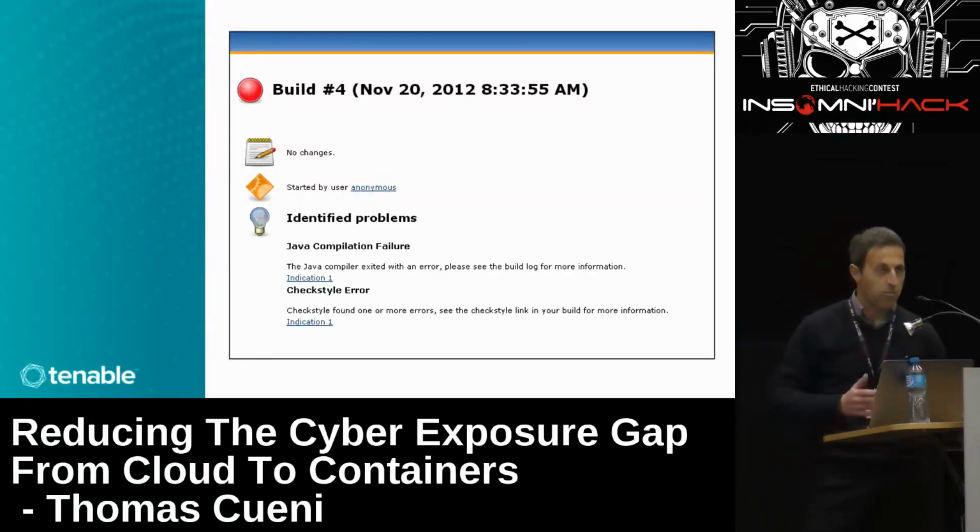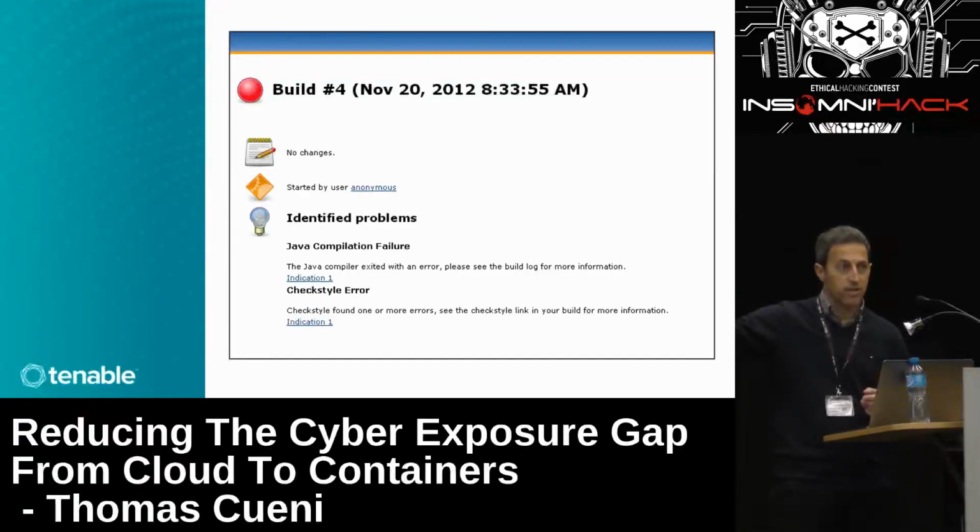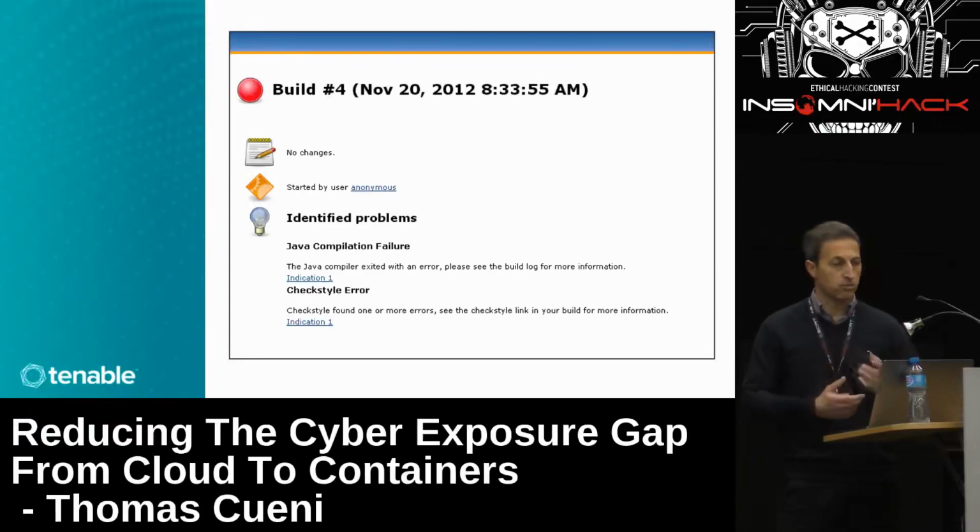So if there are problems with security, with malware, with vulnerabilities, this should be written directly in the report from the build process. So the developer will do the same thing whether he's fixing a bug or he needs to remediate some security issue.